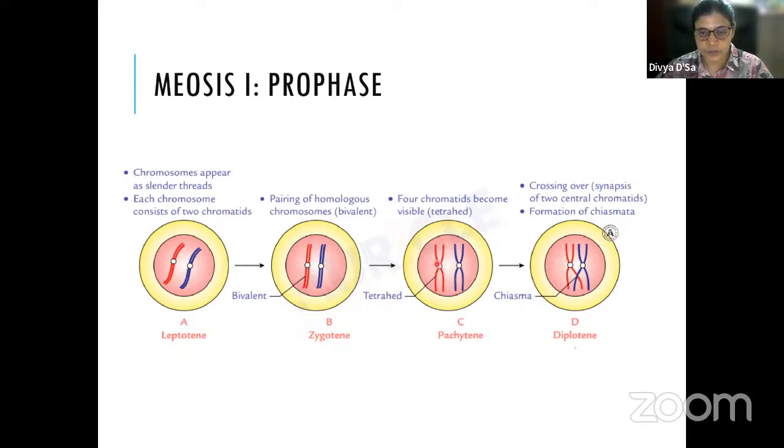The chromatids of each chromosome become visible separately, so each bivalent appears to have 4 chromatids. Initially it looked like 1 and 2 bivalent, now it looks like a tetrad. These 4 chromatids we call the tetrad.